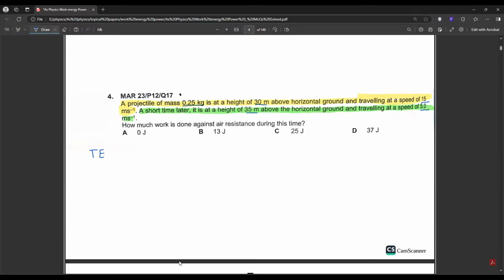Let's first calculate the total energy at A. The total energy at A will be equal to the gravitational potential energy at A plus the kinetic energy at A. The gravitational potential energy is 0.25 into 9.81 into the height, 30, plus the kinetic energy, 1 upon 2 into 0.25 into 15 squared.